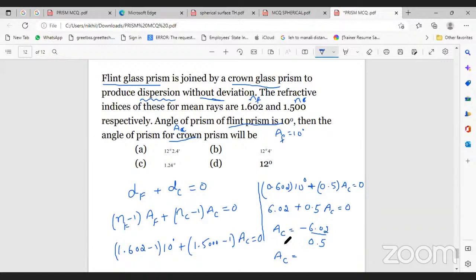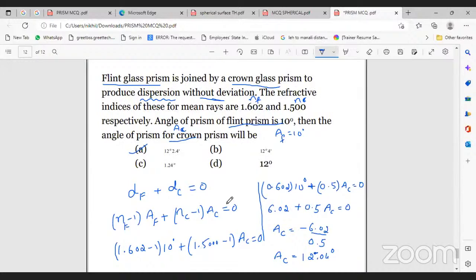12 degrees, or you can say 12.04 degrees, right? 12.04 degrees is nothing but 12 degrees 2.4 minutes.